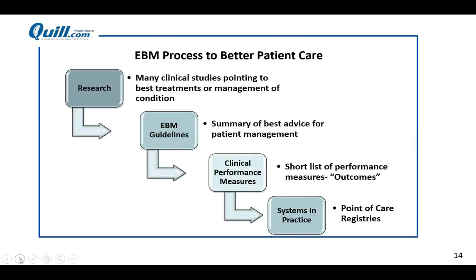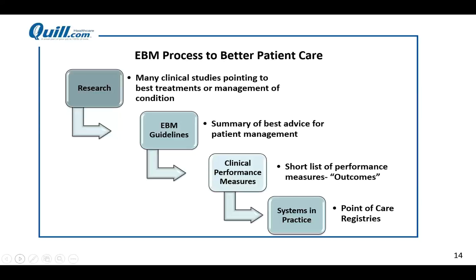I wanted to make a quick mention of evidence-based medicine. And although there's a lot of talk about evidence-based medicine, there, in my mind, are four critical pieces to moving evidence-based medicine into the actual care. And, of course, there's the research and the evidence-based guidelines, which we've had around for a long time. More recently, we've begun to take those evidence-based guidelines and distill them into a short list of measures, preferably outcome measures, patient-oriented outcome measures.